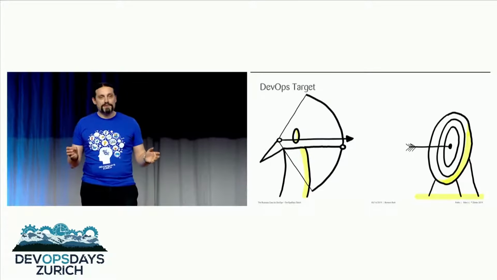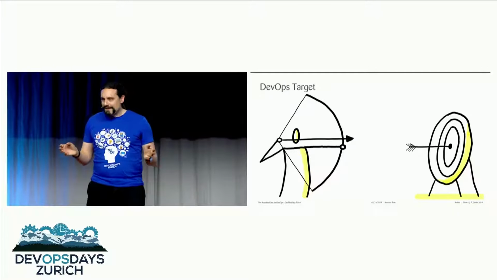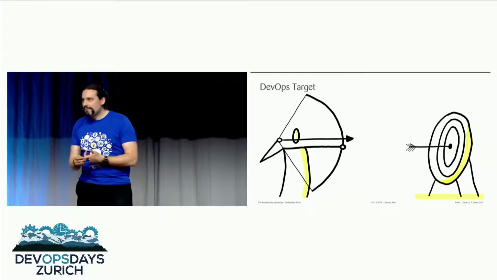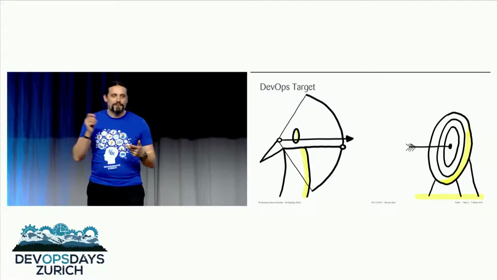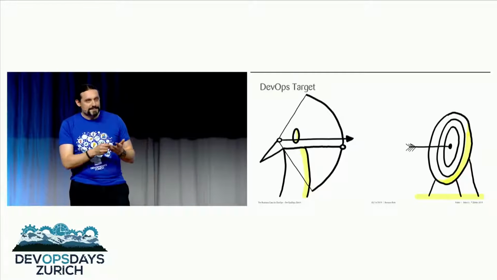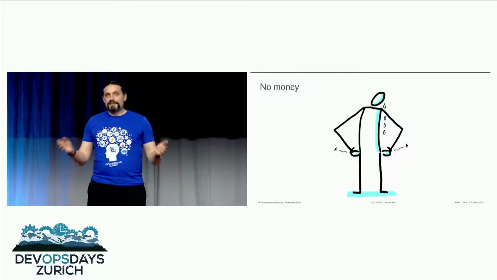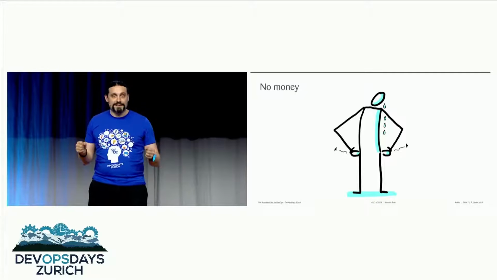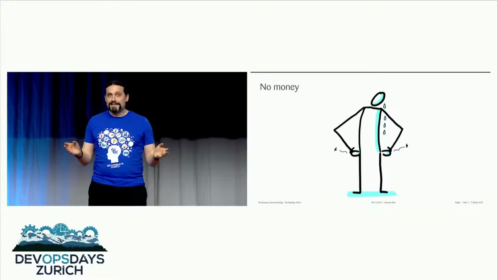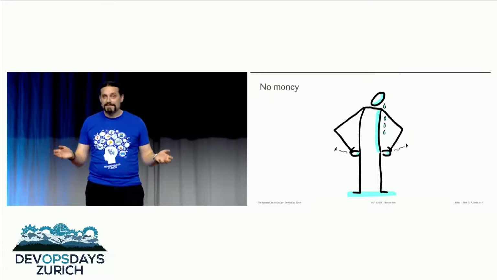You will also talk about the DevOps targets: faster deployment, improved mean time to recovery, faster bug fixing and experimentation. But the decision makers will tell you, that's exactly what we want to do, but you cannot have any money because we have some cost cuts.